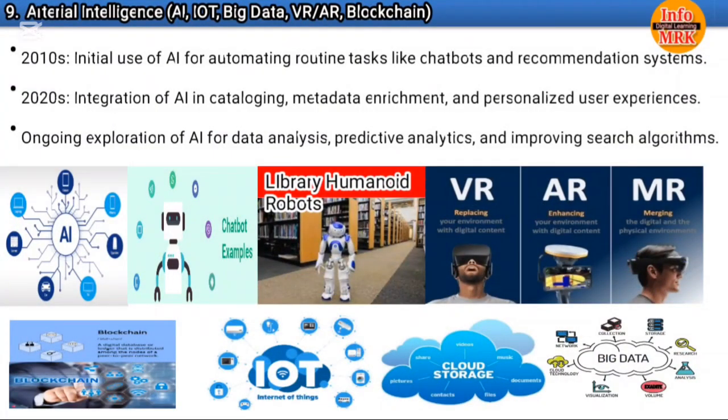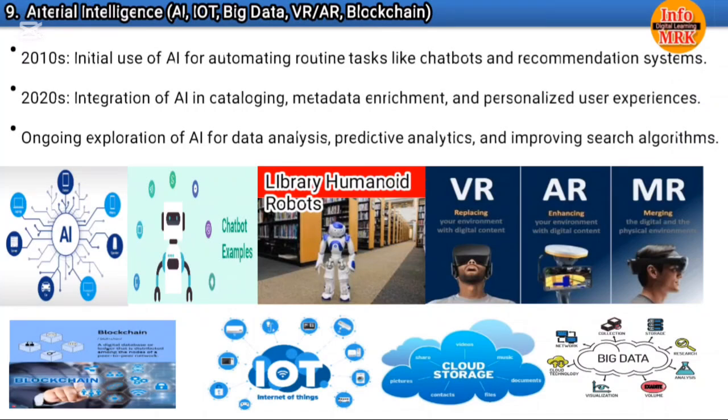Number 9, artificial intelligence. Artificial intelligence is impacting every discipline and subject, so it also impacts libraries. In 2010, AI was initially used for automating routine tasks like chatbots.